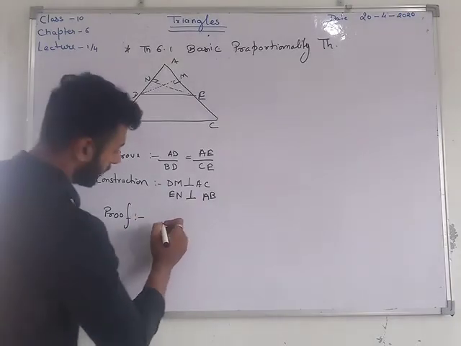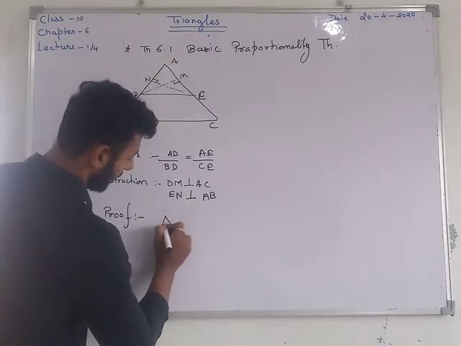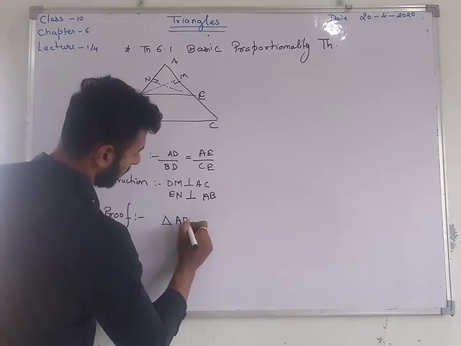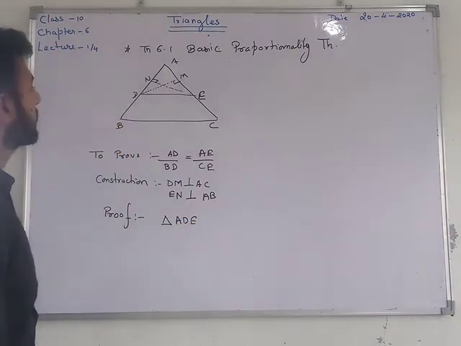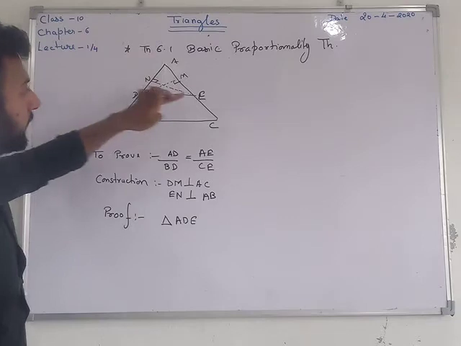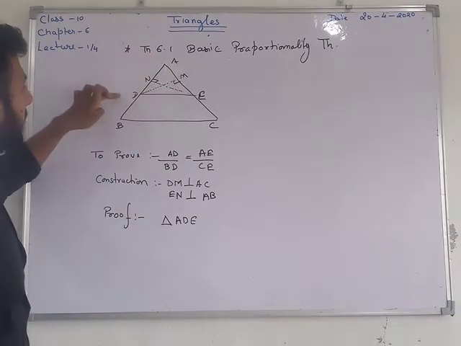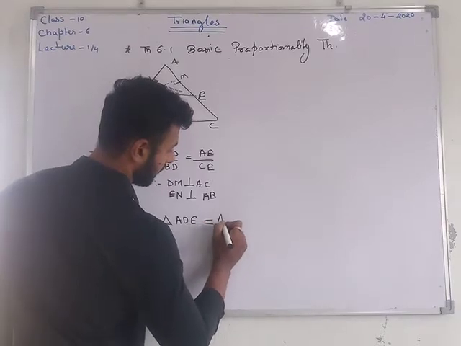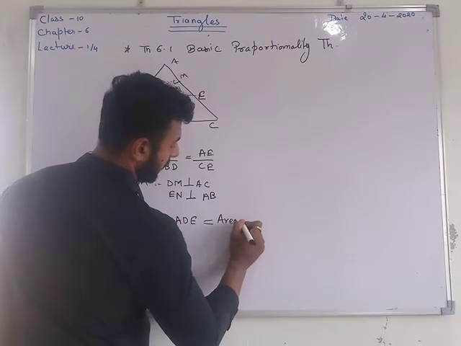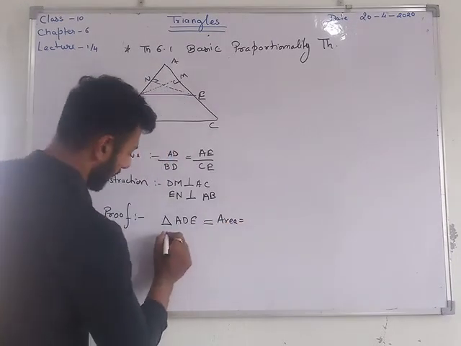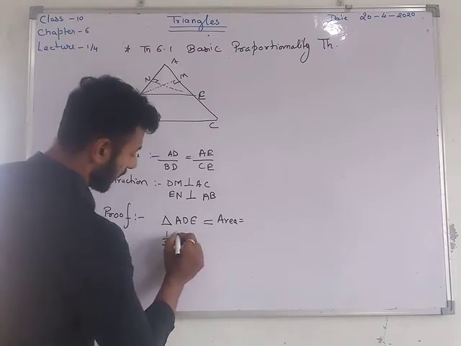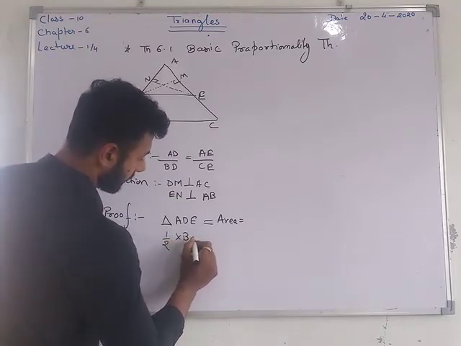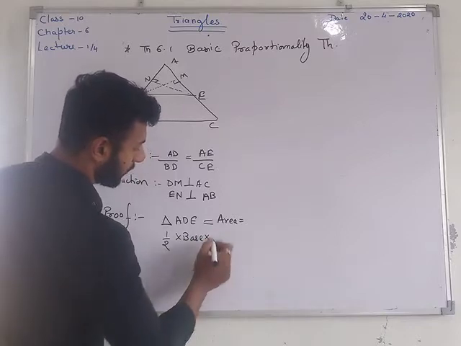Now we know that in triangle ADE, if we have to find out the area, it is given by half base into height or altitude.